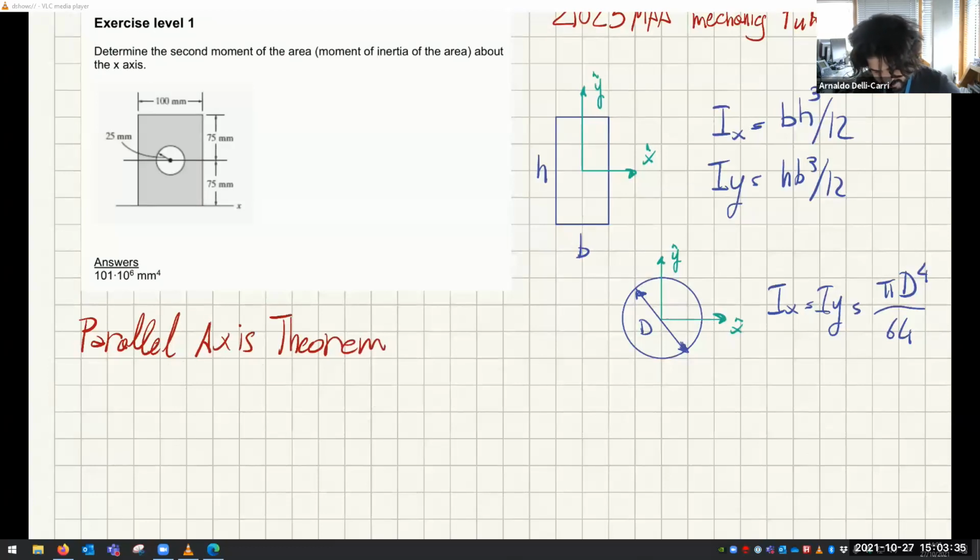Parallel axis theorem says that the second moment of area about any axis parallel to the one axis that you know is equal to the second moment of area that you know about the parallel axis plus the area of the shape times the distance between the two axes squared.